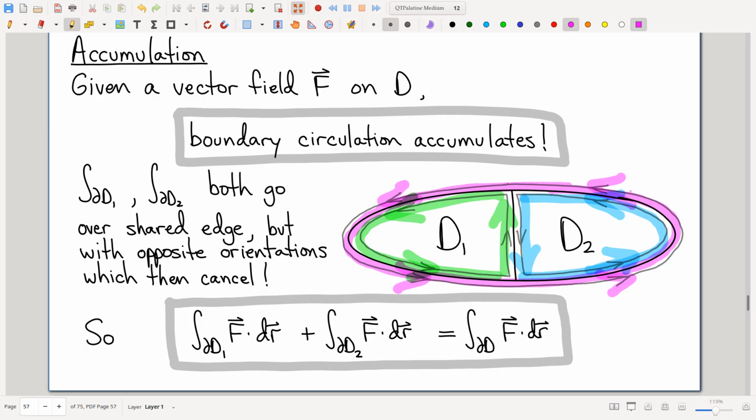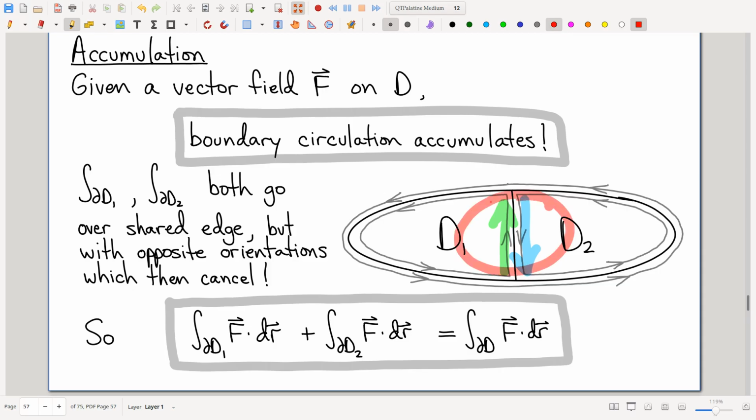Green plus blue is equal to purple. Everything matches except for this stuff in the middle, but that stuff in the middle is two line integrals over the same edge, but with opposite orientations, and so they cancel in a puff of smoke, and it's like it was never there in the first place. Right? It's this awesome little magic trick. And so boundary circulation is an accumulating quantity, and we're in business.